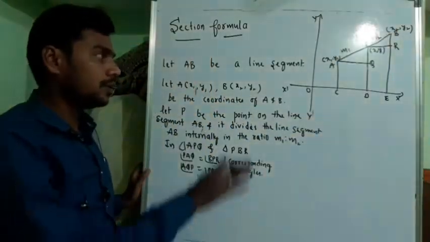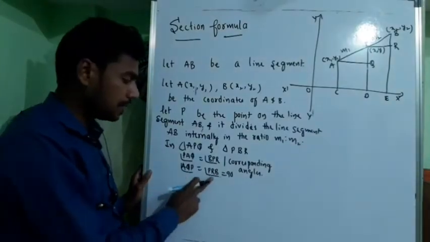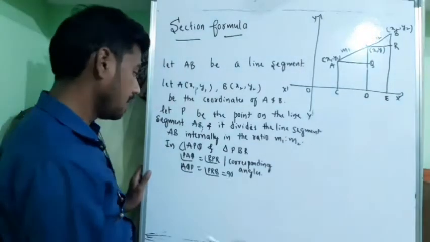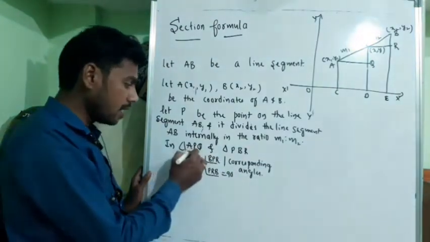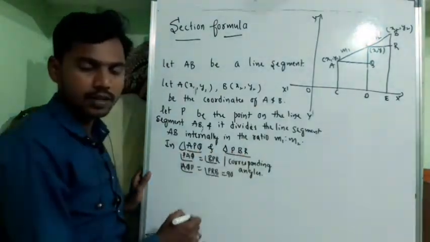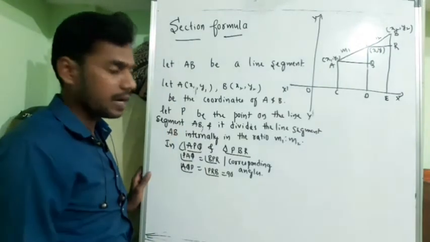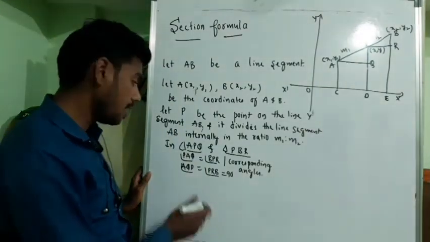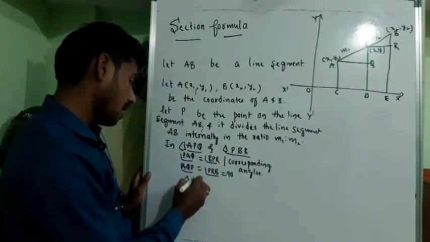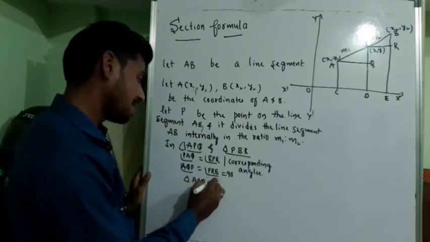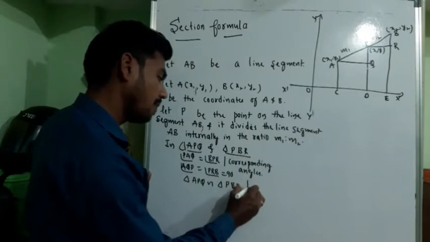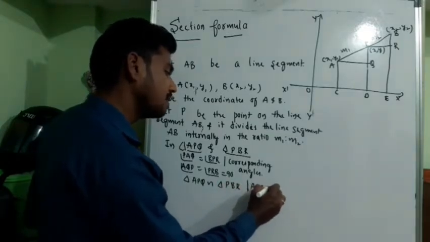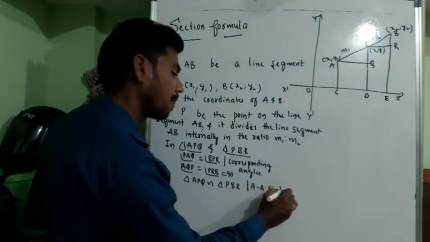Since two angles of these two triangles are equal, through the similarity criteria, triangle APQ is similar to triangle PBR.